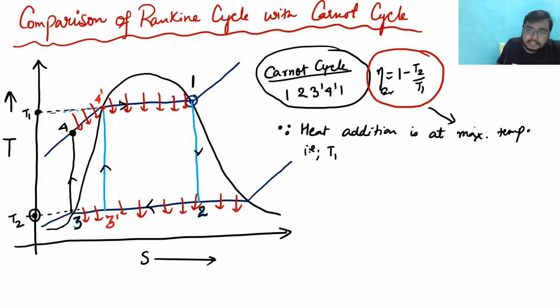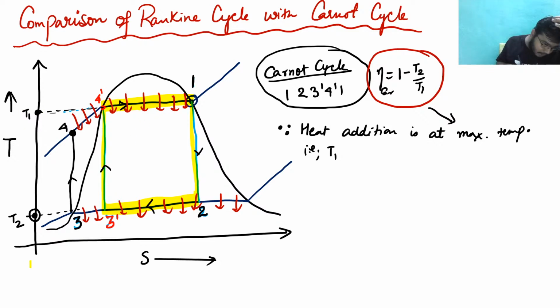Only this part is the Carnot cycle, and throughout the Carnot cycle the temperature is constant, and at a constant temperature T1, heat addition is there.